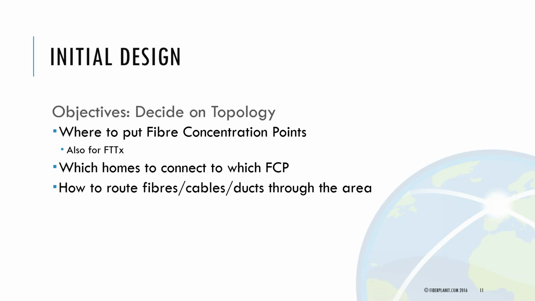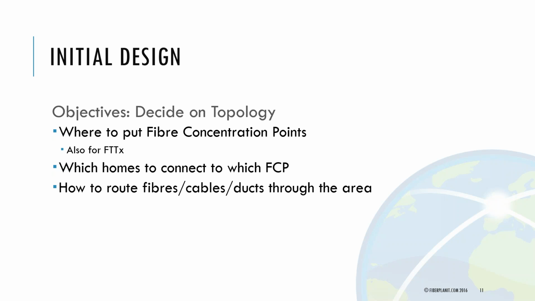So any questions that you may have in this stage is, where do you put your fiber concentration points? Also looking at more Fibre-to-the-X, if you want to reuse existing copper infrastructure, where do you put your new cabinet locations which require a fiber connection, but the remaining part to your building can be copper.